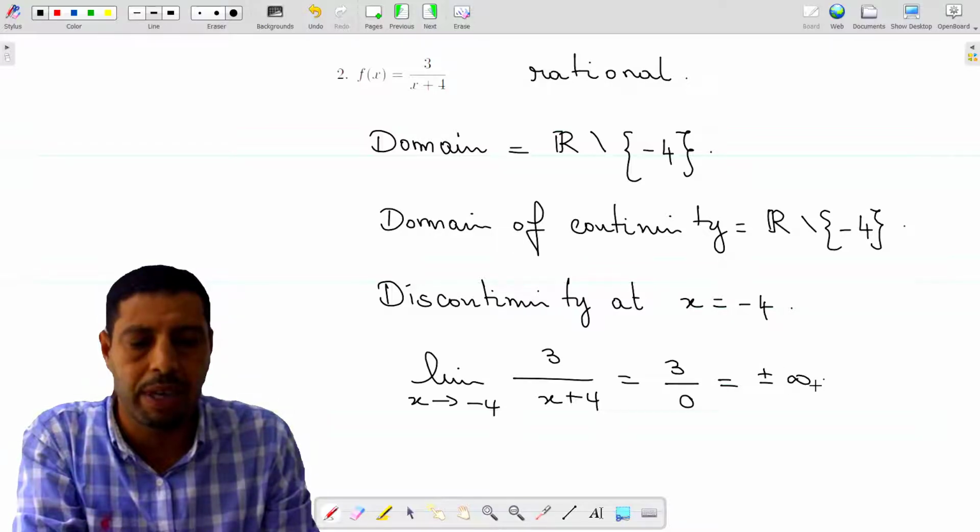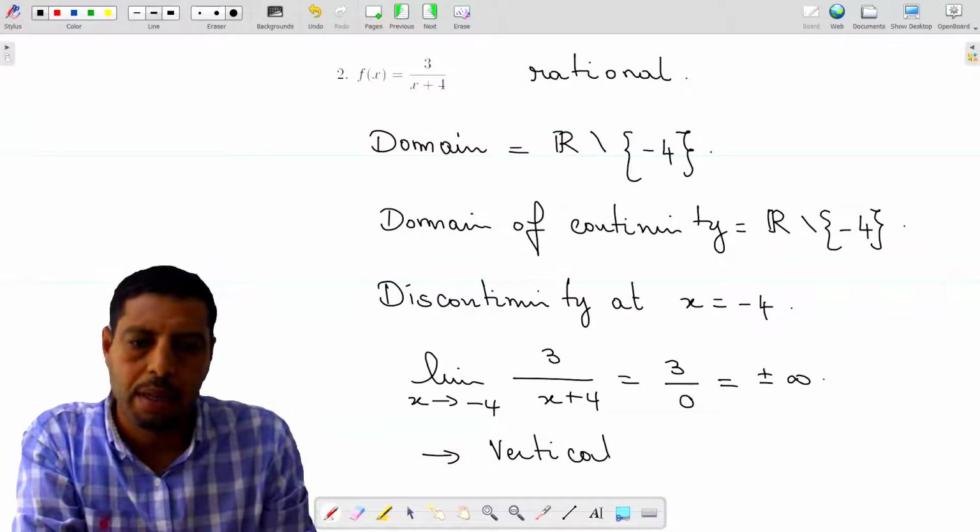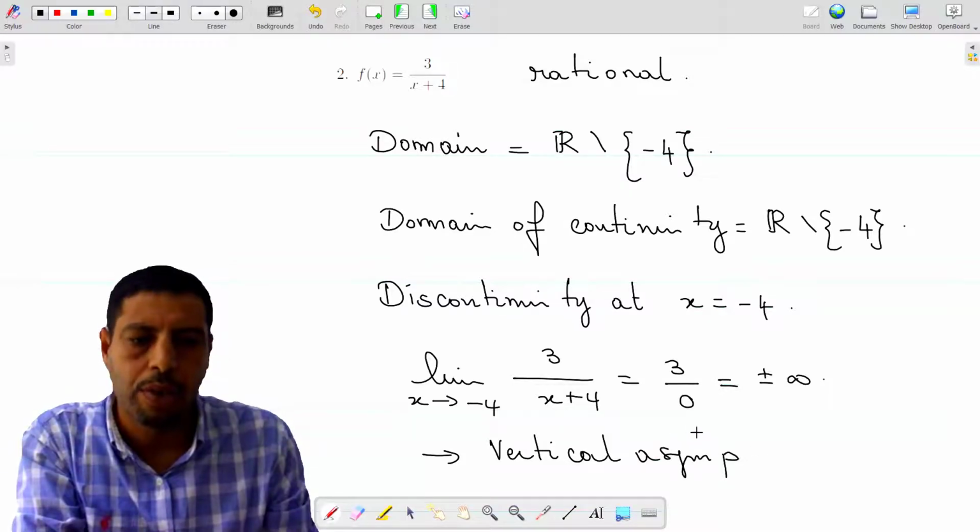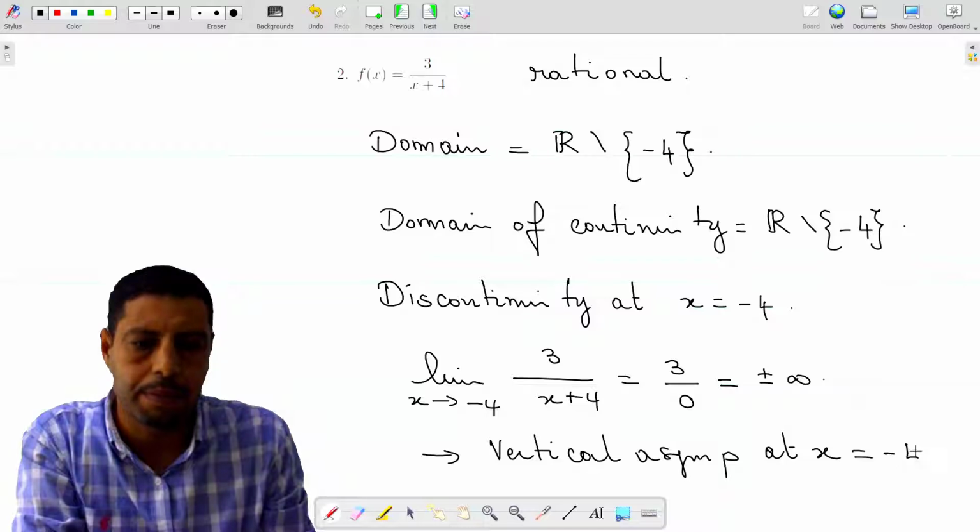But anyway, it's plus or negative infinity. I don't care, since I can conclude here that we have a vertical asymptote at this point. Okay, so the function will have a vertical asymptote at x equals 4, negative 4, sorry.